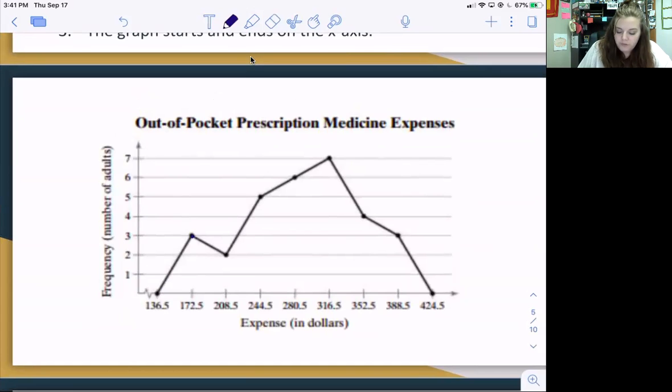In order to find these midpoints, we're going to subtract the class width: first midpoint minus the class width. And then to find our upper midpoint, we're going to do our last midpoint plus the class width.